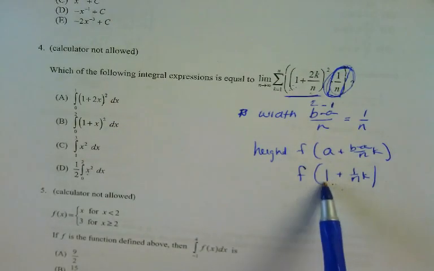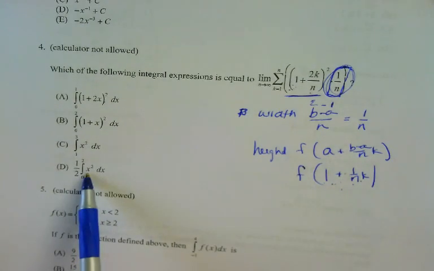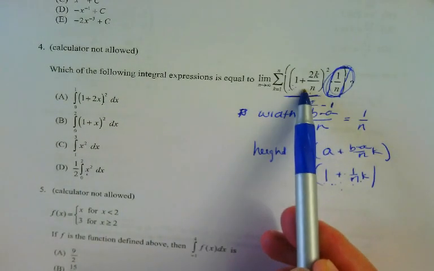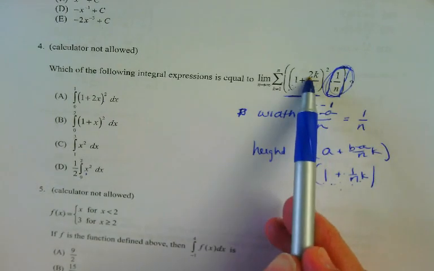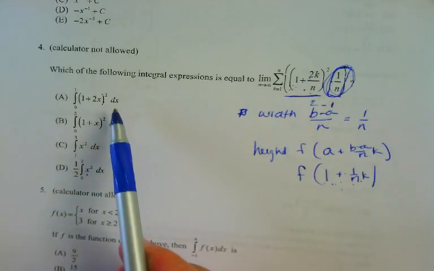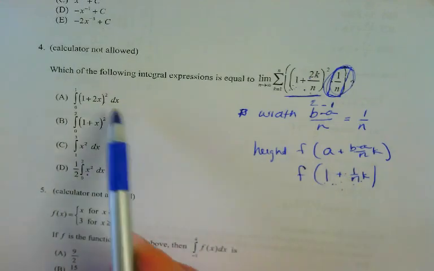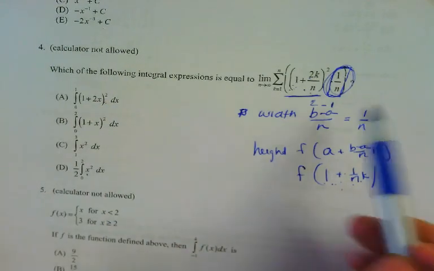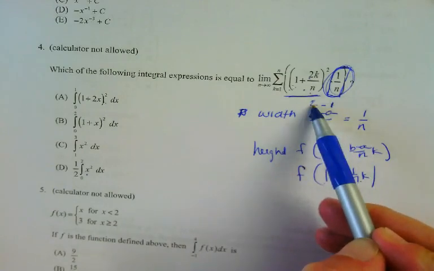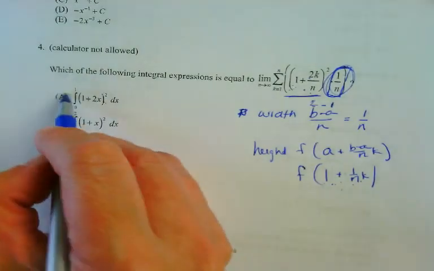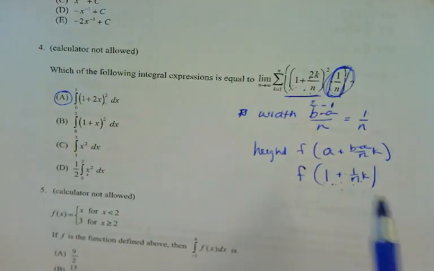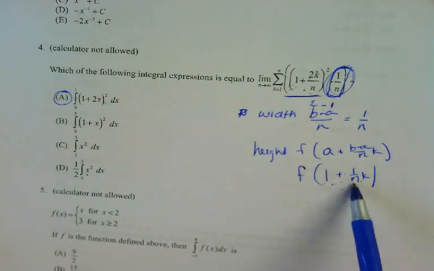If I sub 1 plus 1 over n times k into here, do I get this function? I don't think so, because of that 2 there. So I think I'm going to have something with a 2 to get that. My bounds are going to be 1 apart, it looks like, to get a 1 over n. So I feel like this one's making the most sense because I need 1 plus 1 over n times k.